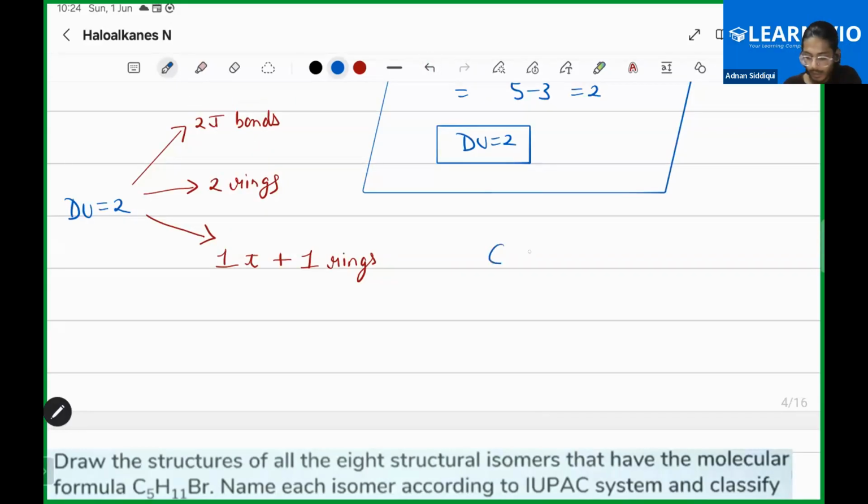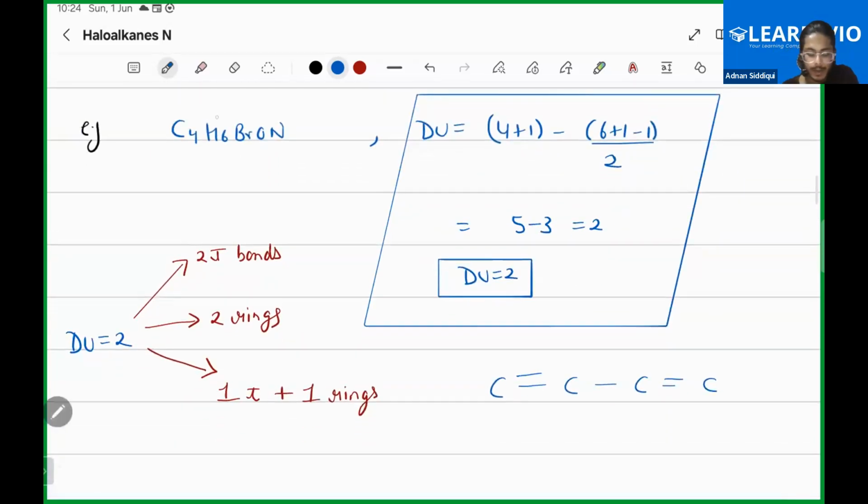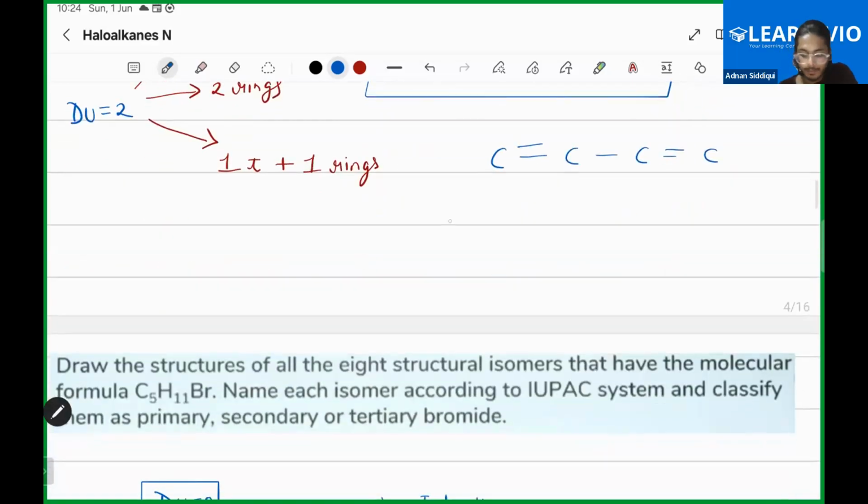So suppose I have a 4 carbon main chain. Degree of unsaturation 2 means it is either going to have 2 double bonds like this in its structure, and the respective atoms will occupy some specific space. Or it can form a ring. Or what else can it do? It can form a ring plus a pi bond.